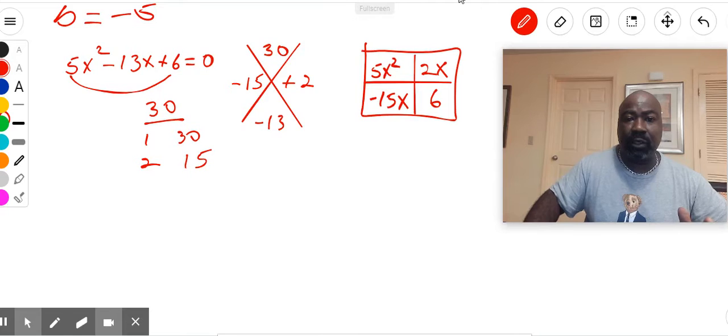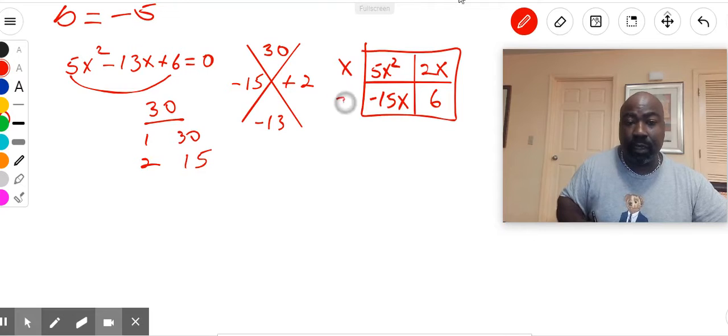If I look horizontally, what are two factors I could pull out? I could pull out just x right here. I go to the bottom right here, the thing I could pull out is just 3 as the greatest common factor. I look at this going vertically. What I could pull out right here is 5x, and right here what I could pull out is just 2 up top.